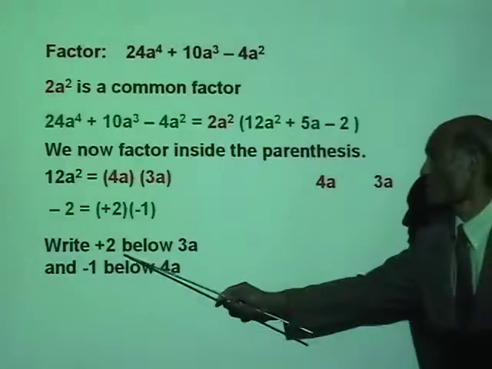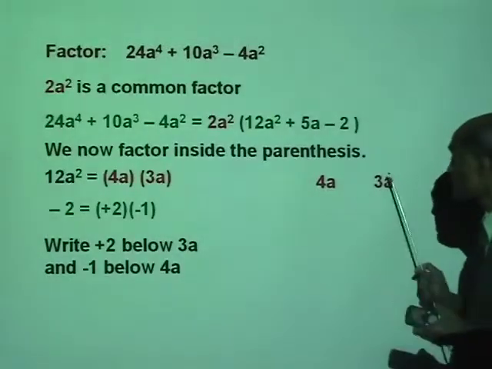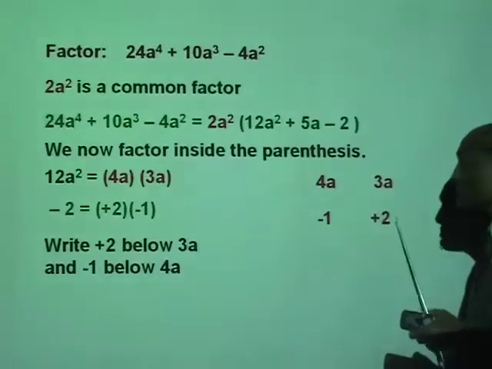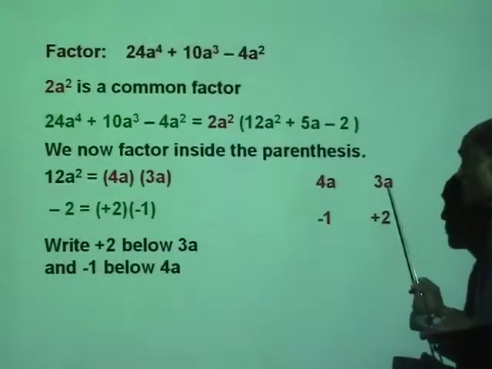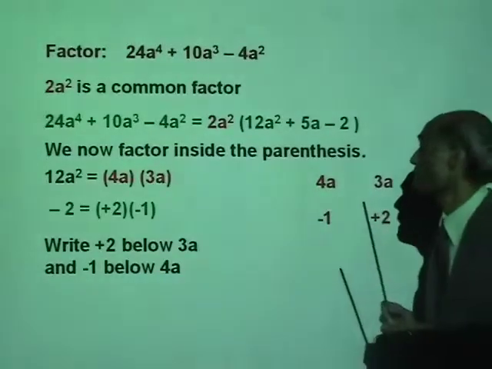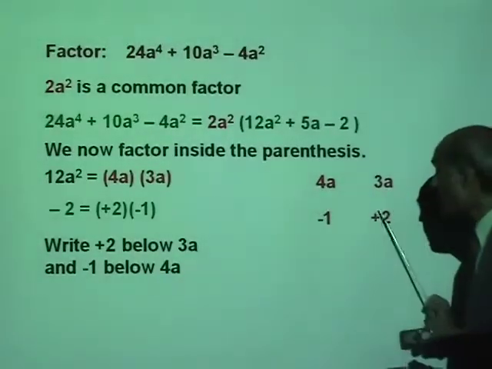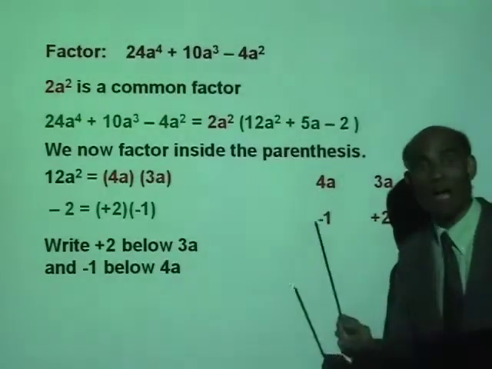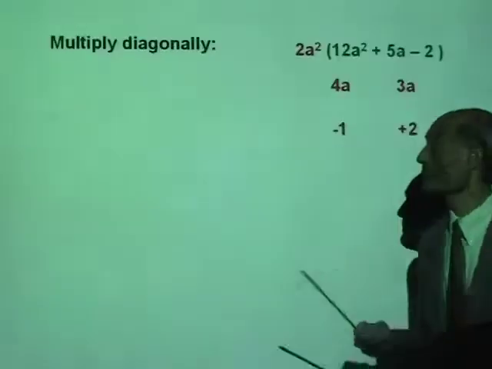There you are. So, write positive 2 below 3a. You understand why I chose that. Positive 2 below 3a and negative 1 below 4a. And now we are ready to multiply diagonally and add to perform the test.